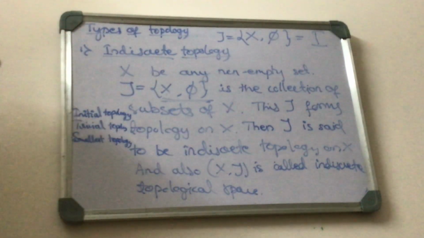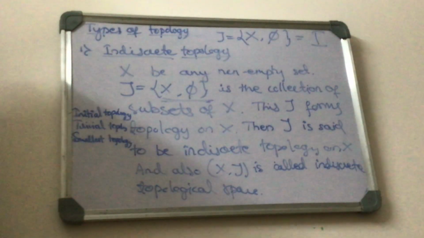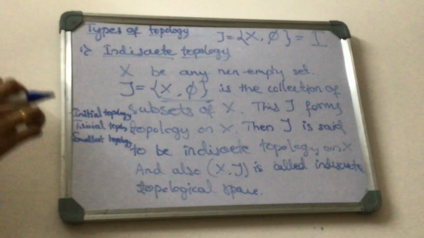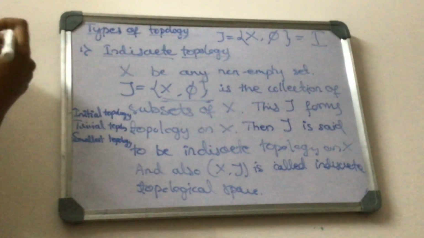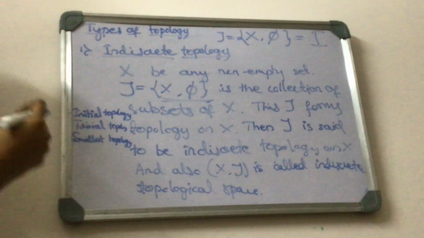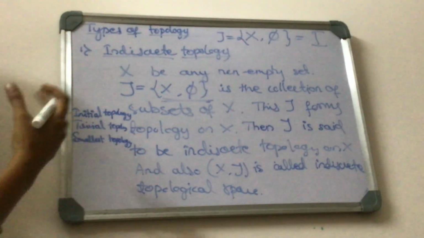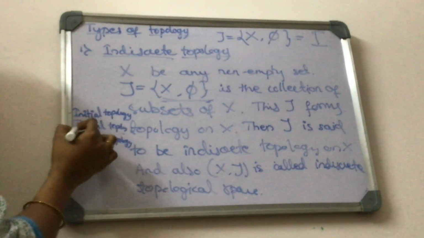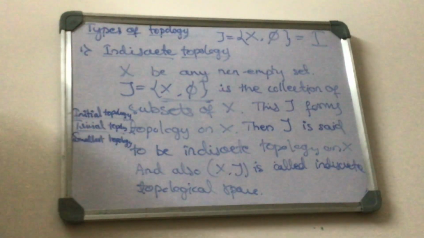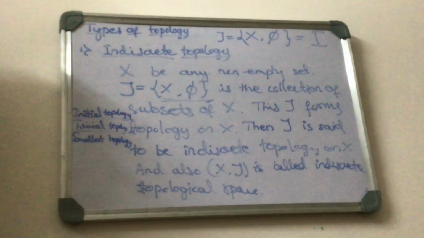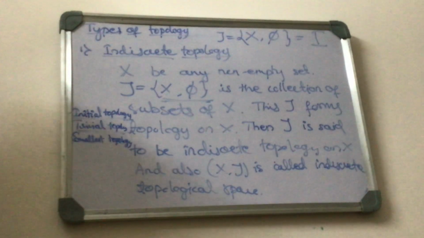So trivial, you have heard about trivial subsets, trivial groups. Okay, so like that, trivial means it is common for any set. Okay, it exists and is obvious. So trivial topology, initial topology. Initial topology, this is the starting topology. So many topologies you can create for any set.